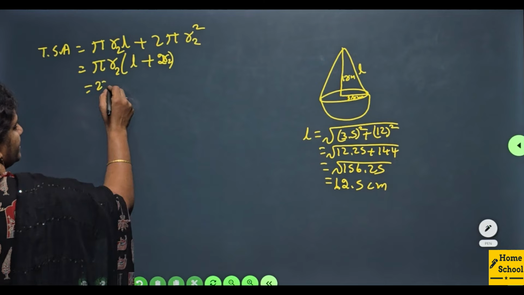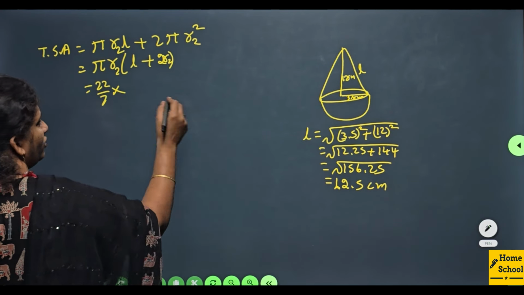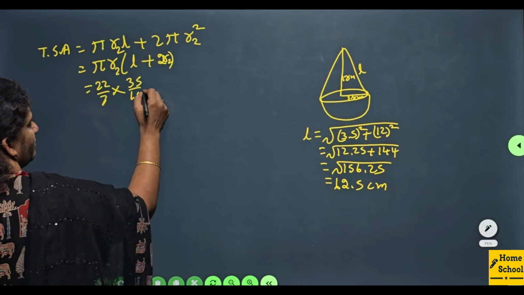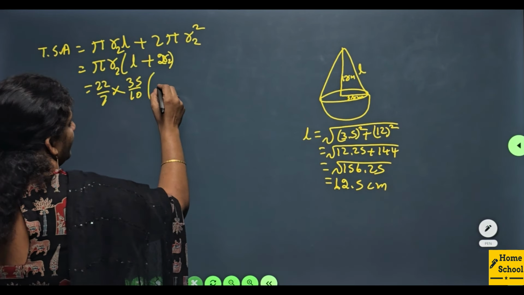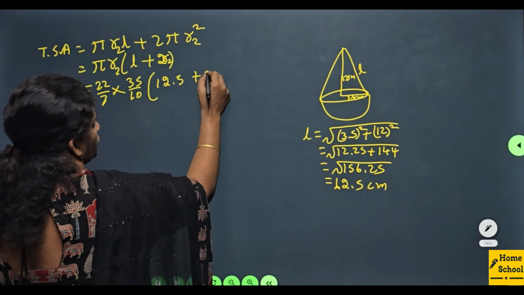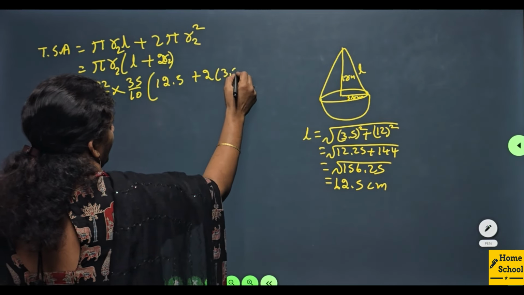So pi value is 22 by 7, r value is 3.5. I will write it as 35 by 10 into slant height value 12.5 plus 2 into 3.5.